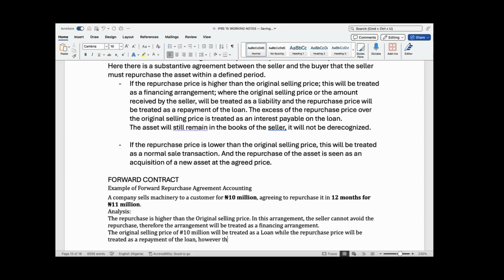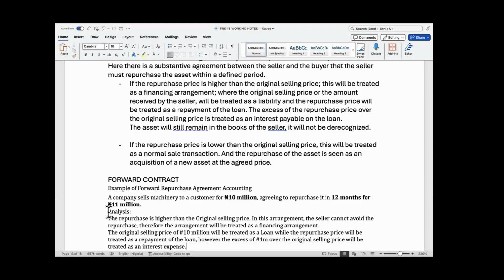However, the excess of 1 million over the original selling price will be treated as an interest income. Say income, expense, because it's like you are paying interest on the loan. You're paying interest on the loan. So that will be the interest.